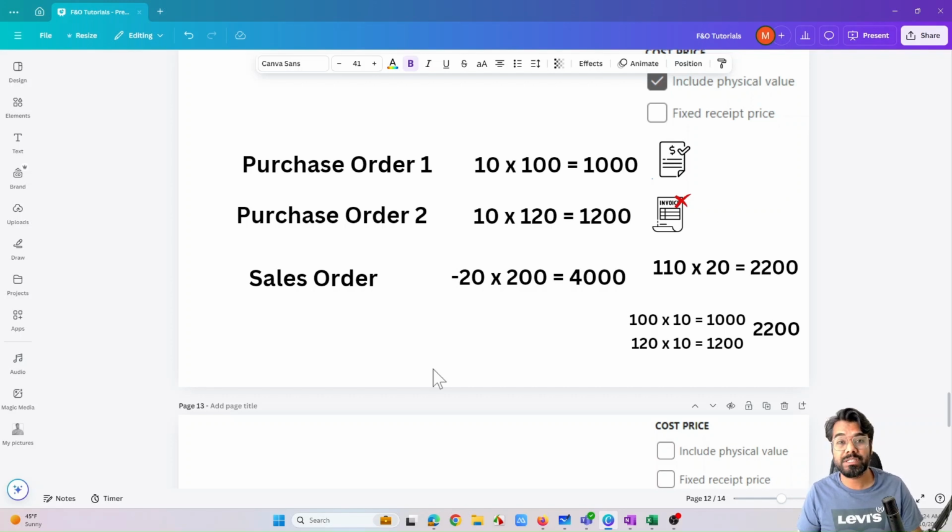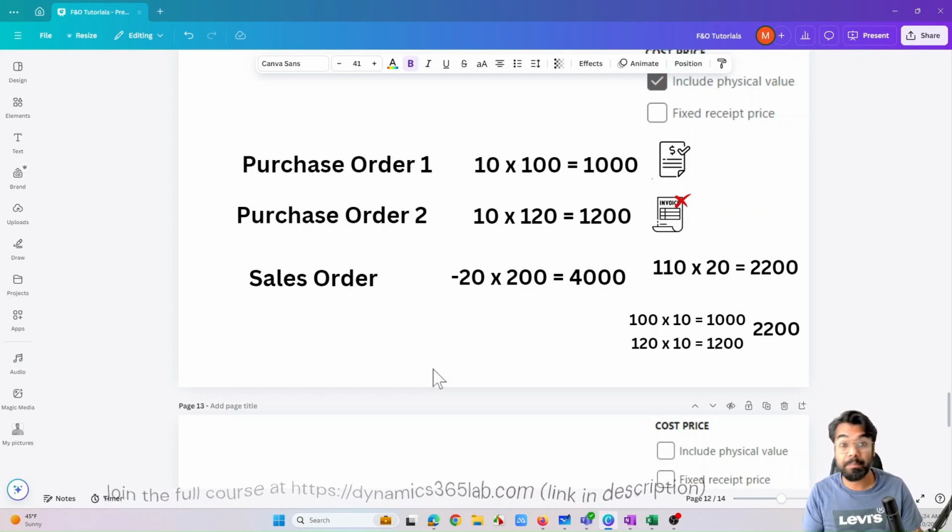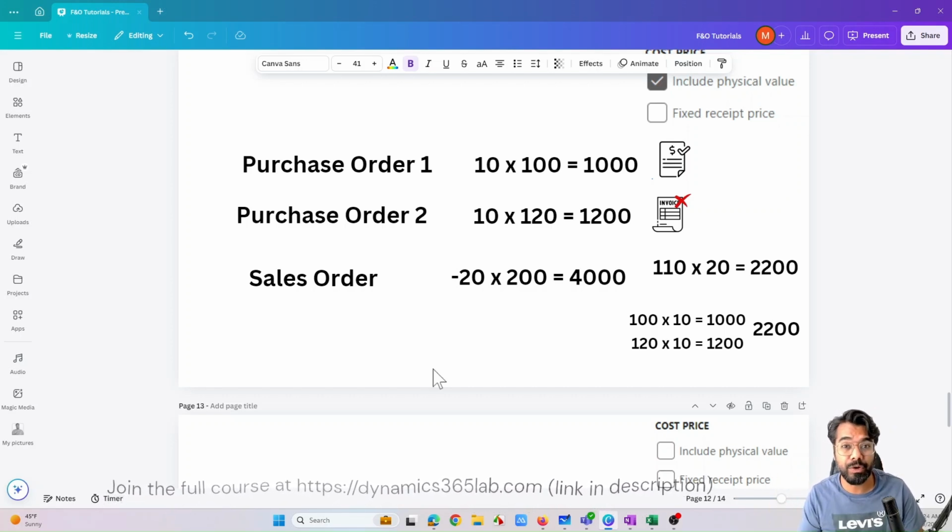In such cases, I believe the include physical inventory checkbox will be good, because it is giving us a closer guess of the cost price, and you won't see much of surprises after you run the inventory closing.